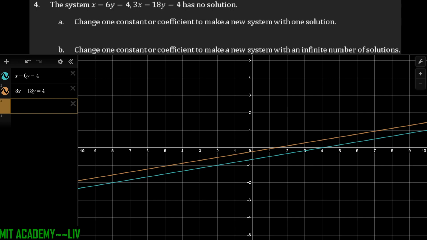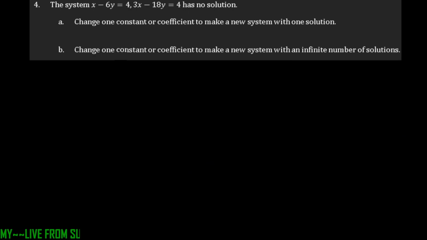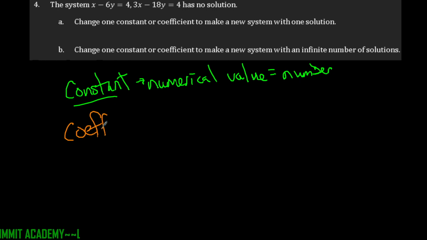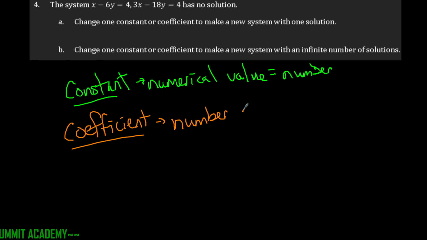Let's also talk about what these mean. Again, when you see that word constant, it's talking about a numerical value, so just a number. When you're talking about a coefficient, however, make sure you see the difference between these two. This is going to be a number attached to a variable.